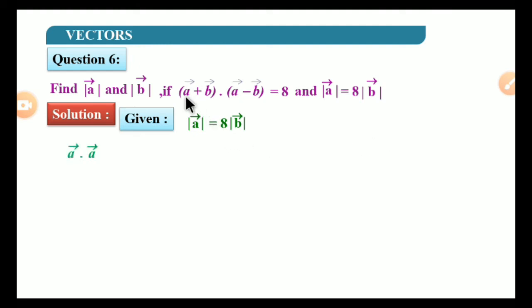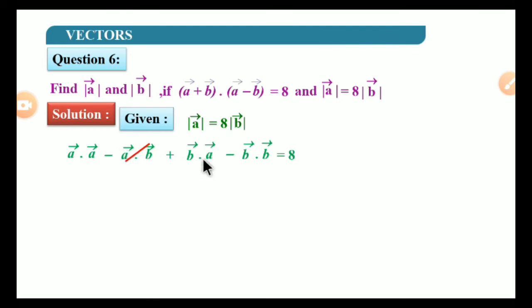Now consider this dot product. Therefore A dot A minus A dot B plus B dot A, and next plus into minus means again minus B dot B, that is equal to 8. Now from the previous results, A dot A becomes magnitude of A square.